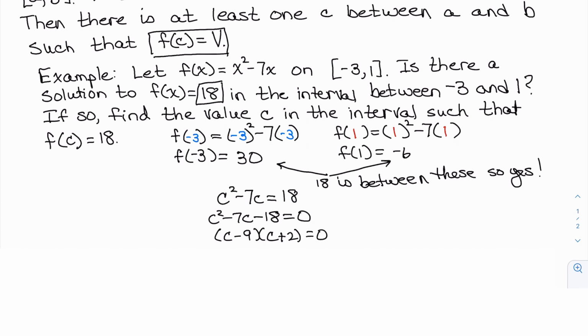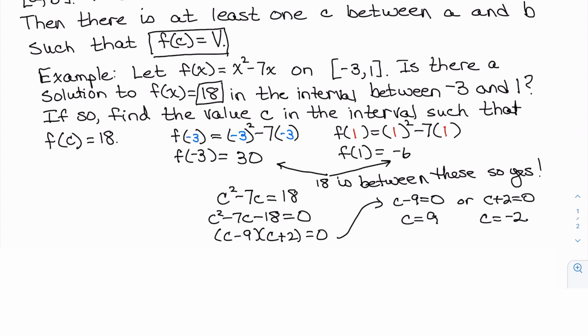So we have c minus 9 times c plus 2 as our factorization. That gives us c minus 9 is equal to 0, or c plus 2 is equal to 0. Solving for c, I get c is equal to 9, or c is equal to negative 2.